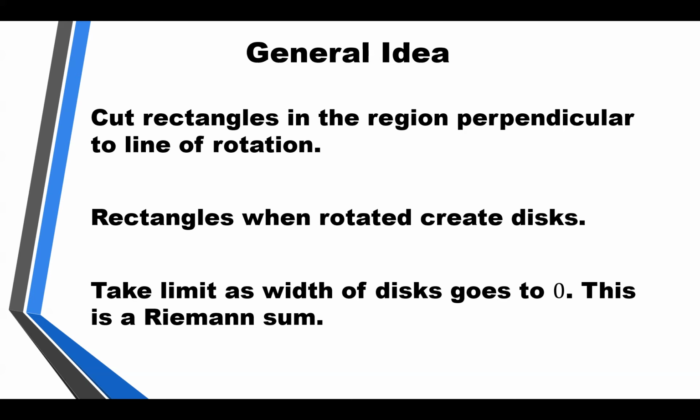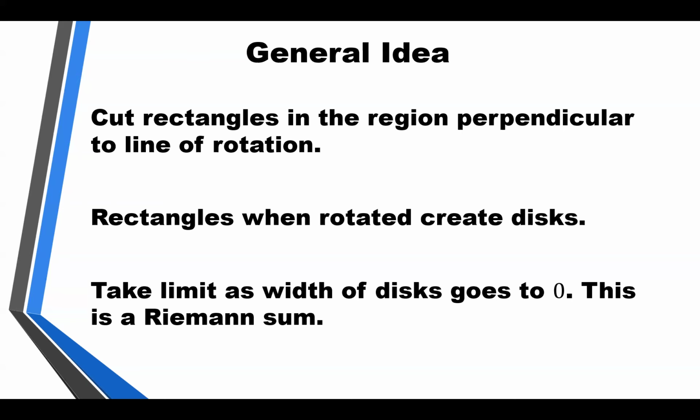But then when we rotate those around a horizontal line or a vertical line, the rotation of a rectangle all the way around a horizontal or a vertical line is going to give me a disk. If I take the limit as the width of that disk goes to 0, then we get a Riemann sum.